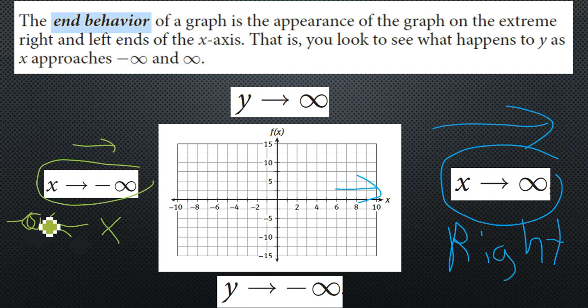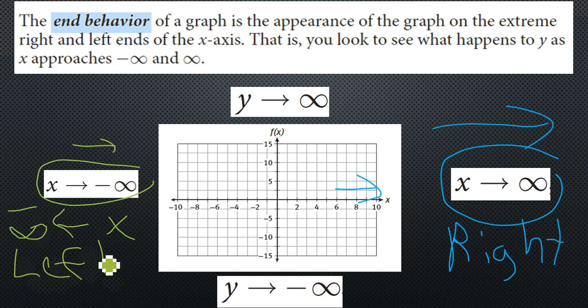So as x approaches negative infinity, going that way. So think about it as looking left. So when you see that statement, as x approaches negative infinity, you're thinking, I'm looking left. What's going to happen on the graph?